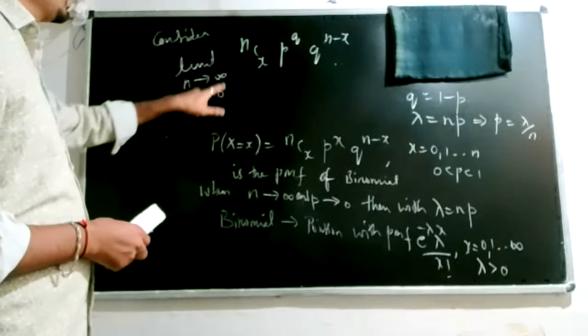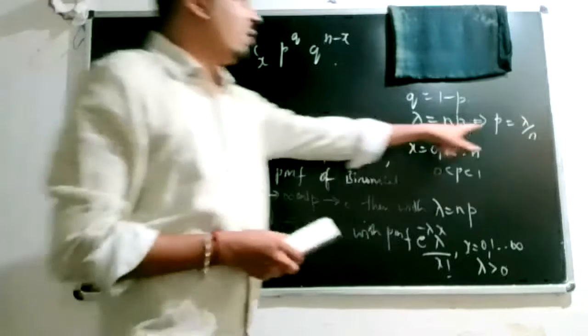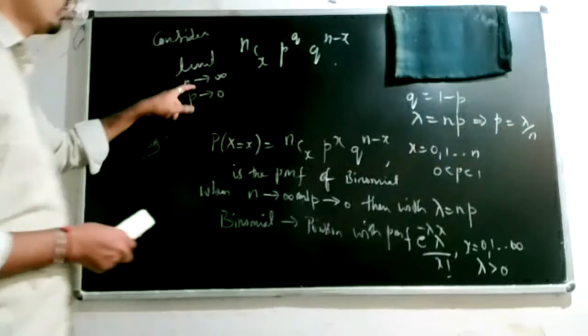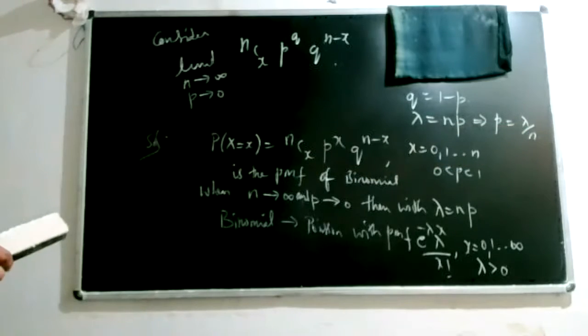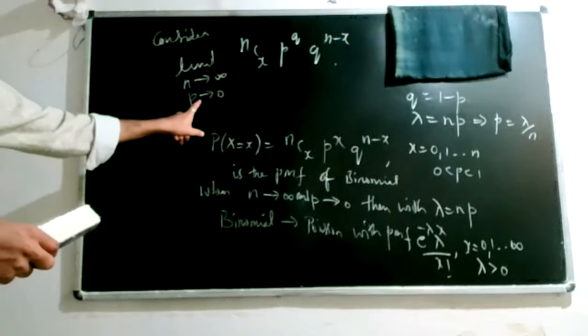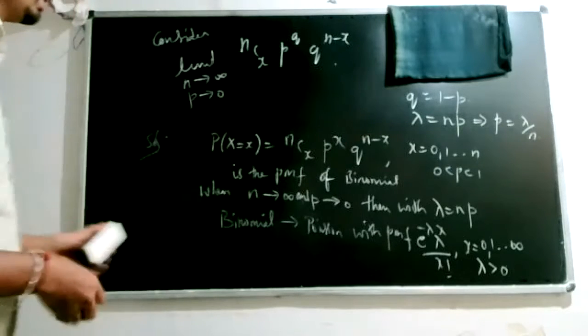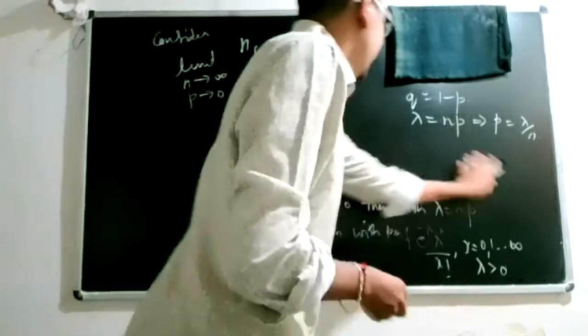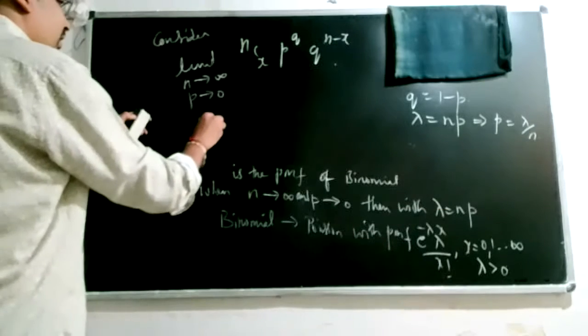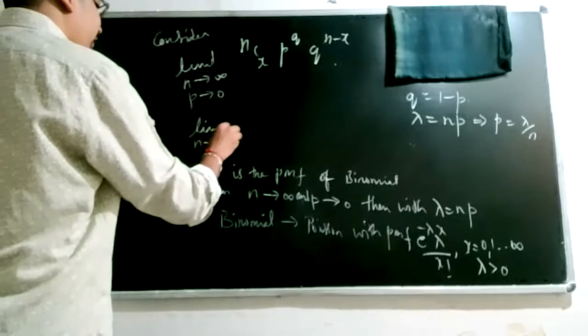If I reduce everything into either n or p, then working becomes very easy. So we'll change the terms involving p into lambda by n, so that the limit can be simplified.